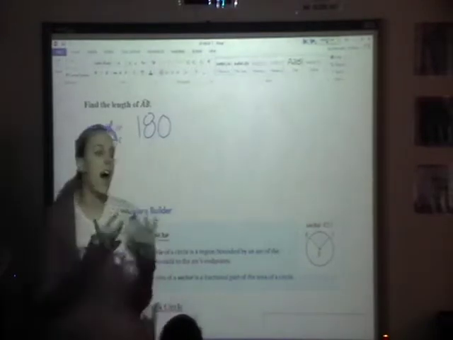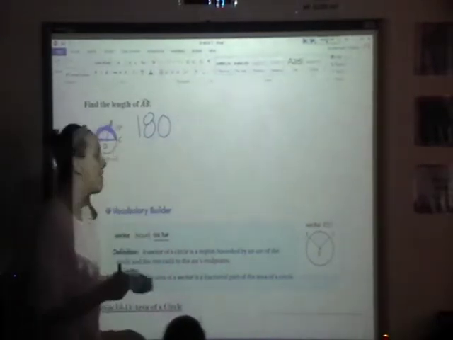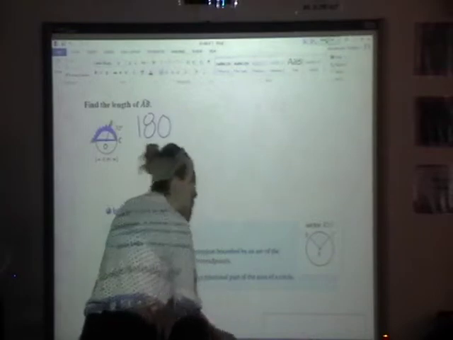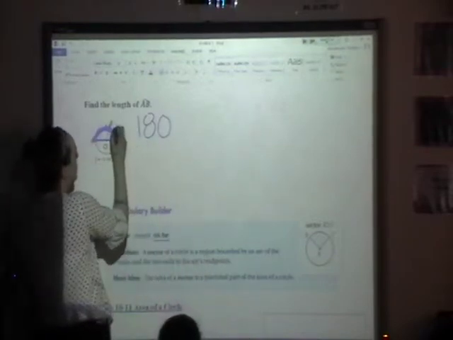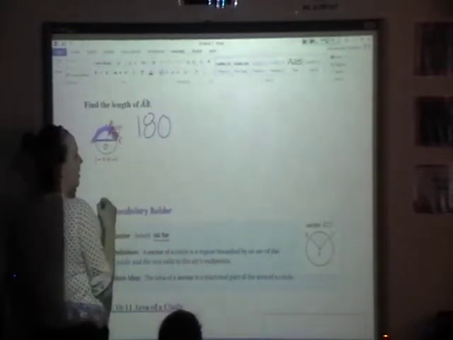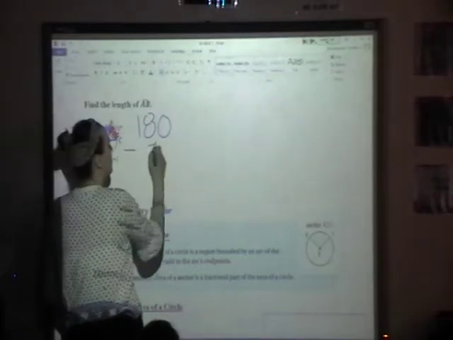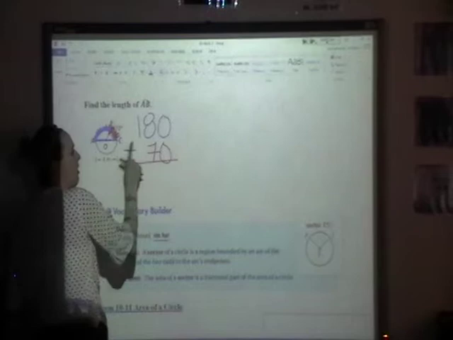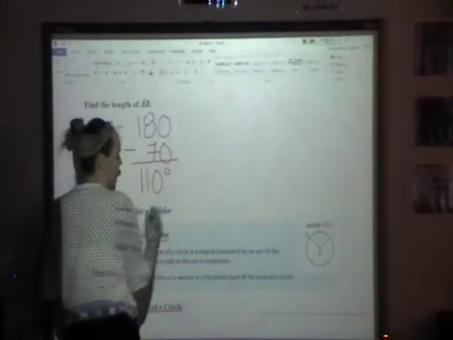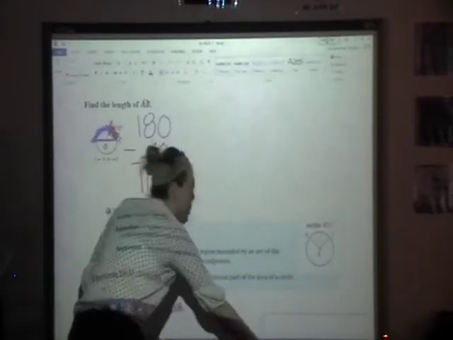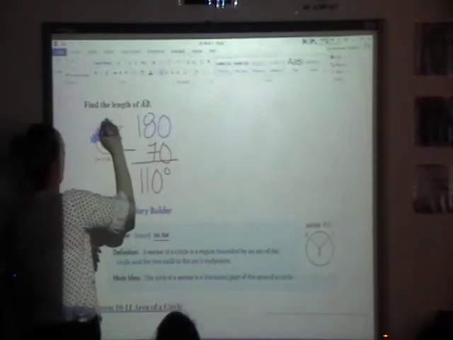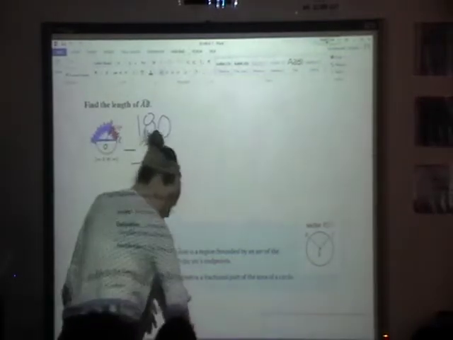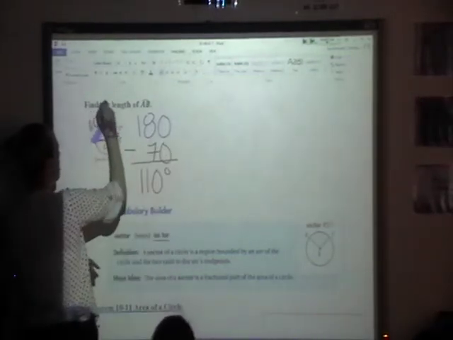What is the angle that offsets AB? 70. So we already have 70 degrees, and we want to get rid of it. So I'm going to subtract 70 from my 180 to figure out what's left over. We are left with a degree of 110. So the length of AB is 110 degrees.